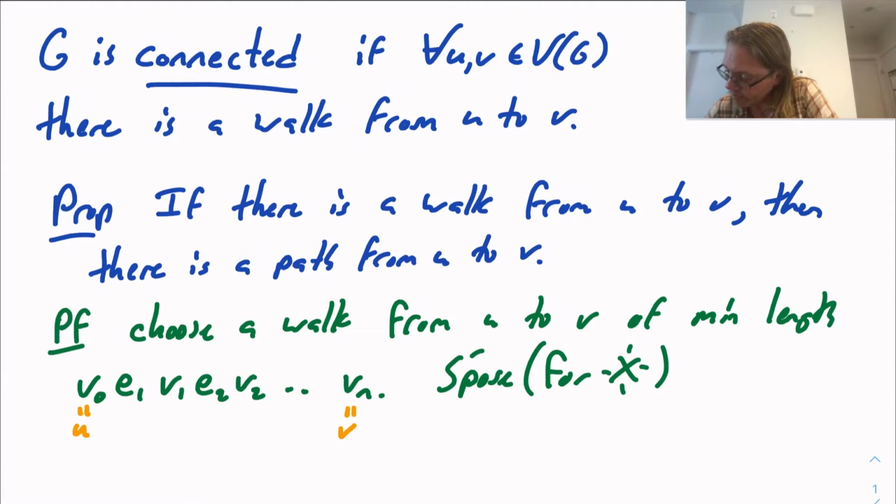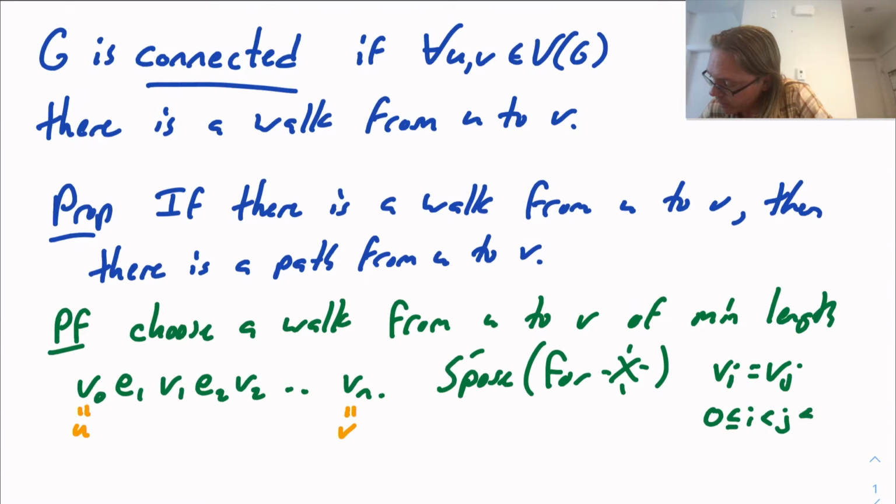Suppose that vi is equal to vj for some valid range of these vertices. So i has to be at least 0 and smaller than j, and j has to be at most n here. All right, so let's suppose that you did repeat a vertex.